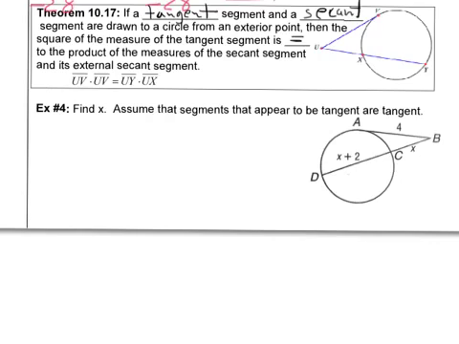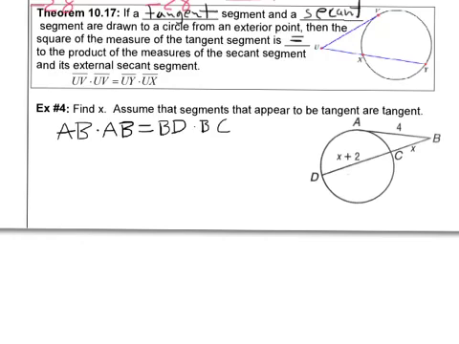All right, well, we have my tangent line 4, and it says that I'm going to have to take the square of that tangent line. So I'm going to label it out geometrically. That means I'm going to have to do AB times AB is equal to the whole thing, which is BD, times the outside part, so BC.